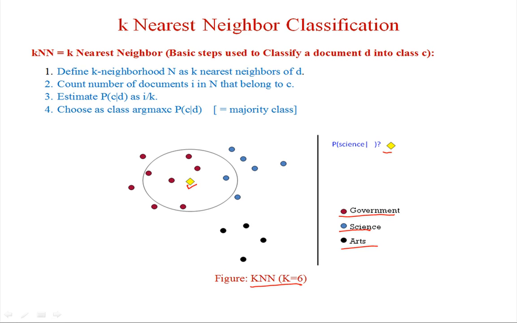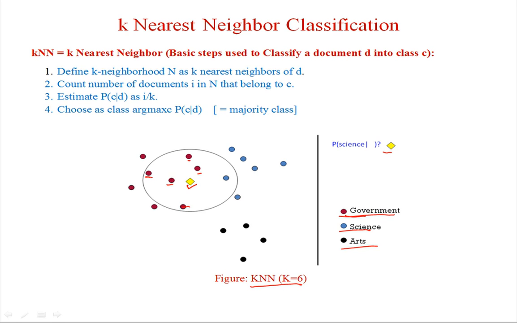Inside the boundary there are 6 points, the 6 nearest similar documents with respect to the yellow rectangle. Here the count of documents represented as red circles is in majority. So we will decide that the document represented as the yellow rectangle belongs to the government class.